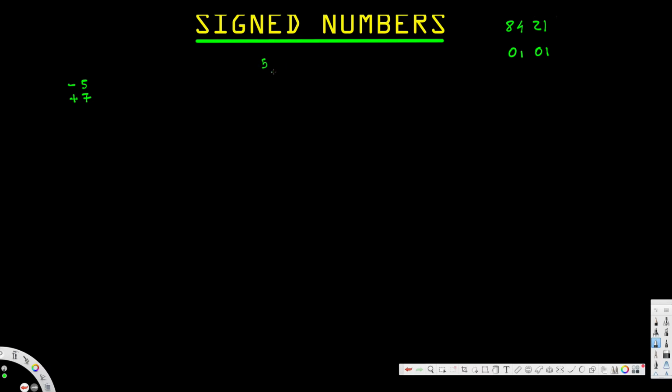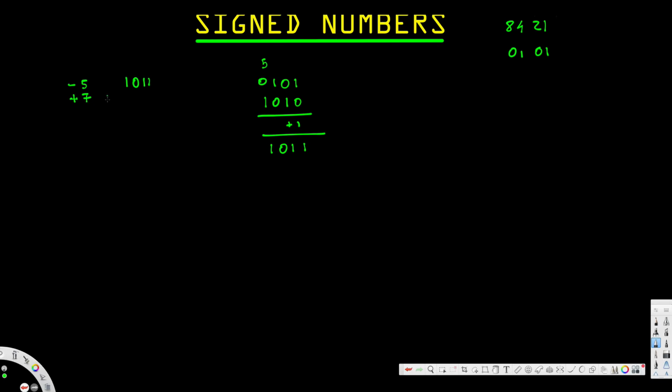The 1's complement is going to be 1 0 1 0, and we add 1 to this in order to get the 2's complement. So this is going to be 1 0 1 1. So the 2's complement of -5 is 1 0 1 1.